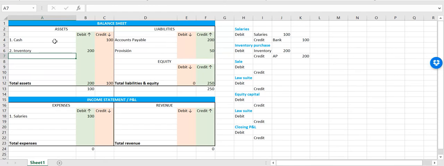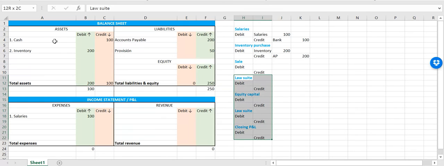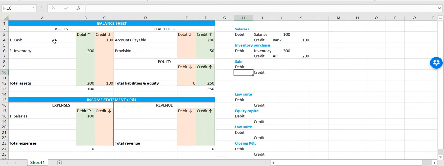Now we're gonna sell that inventory. We're gonna sell it for cash, for 300. So now some different things at the same time are gonna move. You can start however you want to. Okay, so inventory goes out. First, you know that the inventory is leaving our place, and your cost of goods sold is 200.